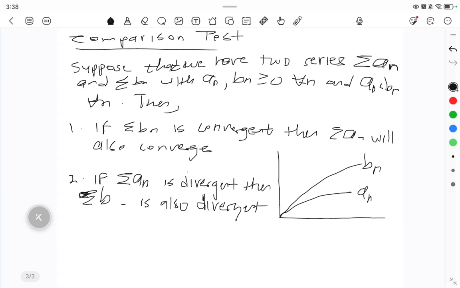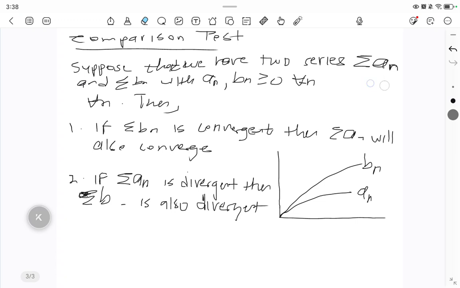But we could consider this fact. Remember, from the guide, we suppose that we have two series an and bn, with an and bn being greater than 0 for all n.